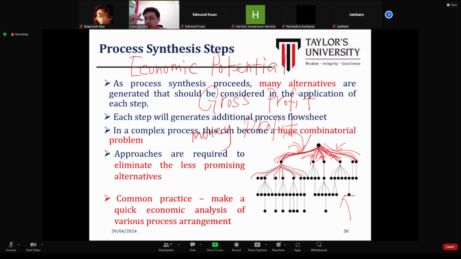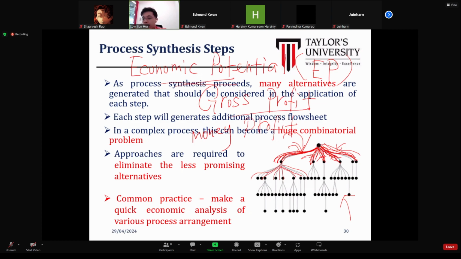It means that there is an equation we can use to calculate the economic potential, short form EP, to evaluate whether the identified process can generate money, can make profit or not. And the value that we get for the economic potential can also represent the gross profit that we are going to make based on the identified chemical reaction here.